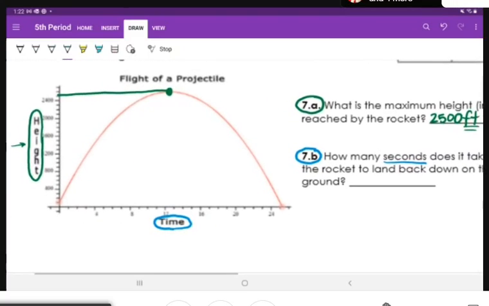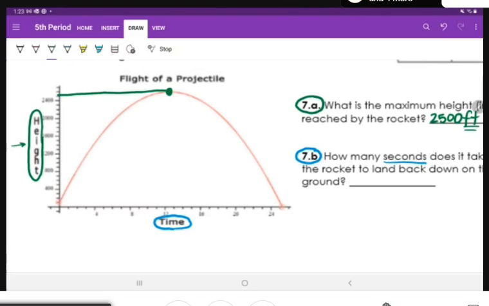Can somebody help me understand what moment we're talking about when we say the rocket lands back on the ground? So think in terms of height. As you shoot the rocket in the air, the rocket's going to have a certain height, but the moment that it lands on the ground, what is its height at that moment? 0. Thank you, Jenny. It would be 0 at the moment that it lands on the ground.